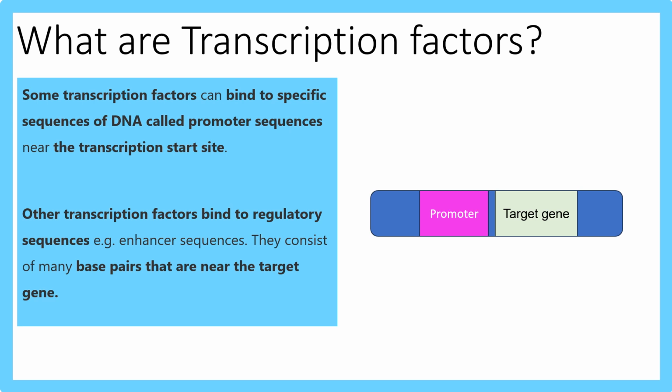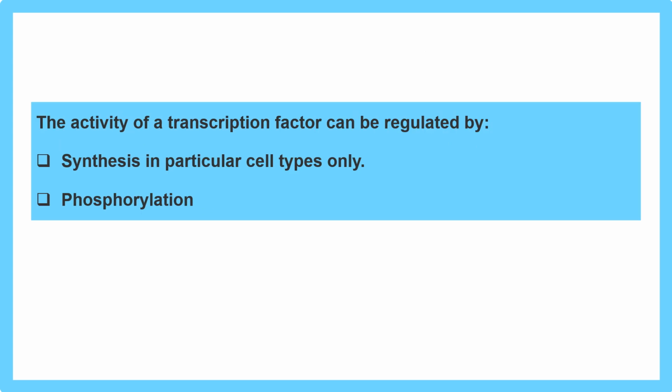So you have complementary bases, ATGC, and when we refer to base pairs, this is what we're referring to. If it's RNA, then it's AU instead of AT. The activity of a transcription factor can be regulated by production in particular cell types only, and also through phosphorylation.